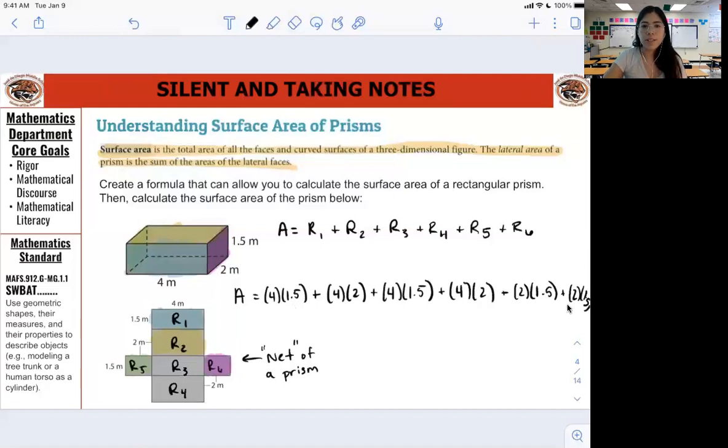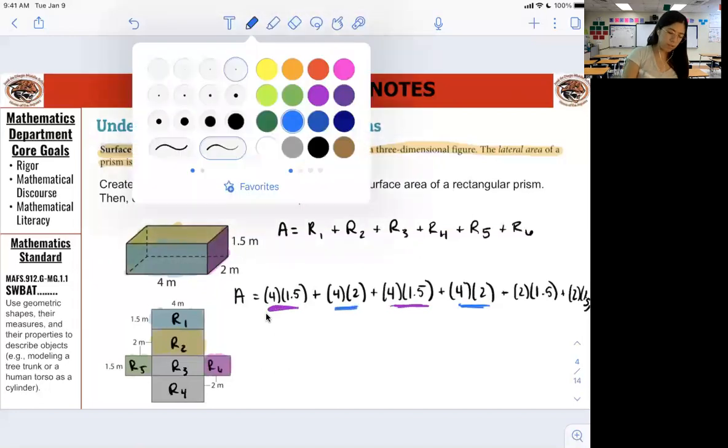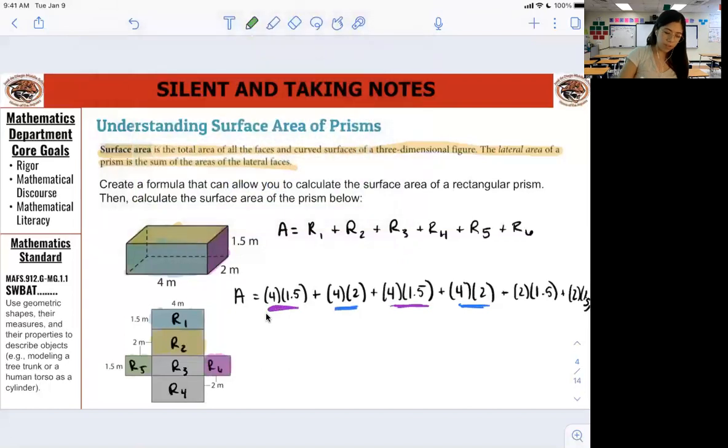So what do you guys notice? What's going on here? Is there a way to consolidate or bring things together? What do we notice? We have 4 times 1.5 right here, but it also comes back over here. So there's 2 of those, there's 2 of these, and there's 2 of these, right?